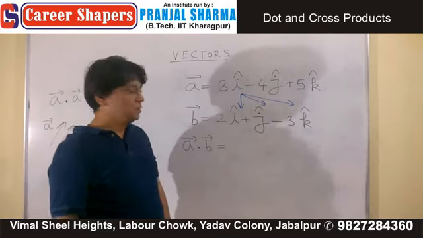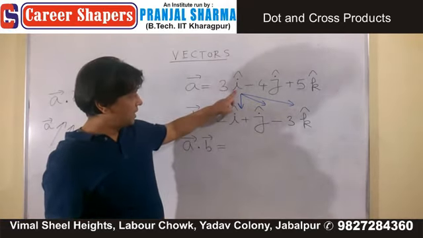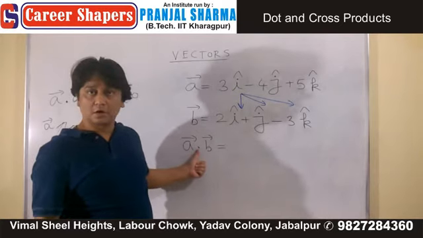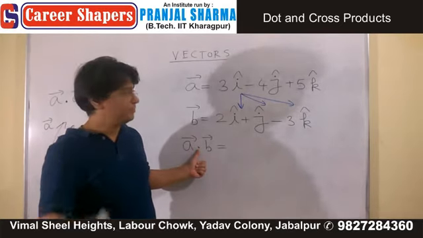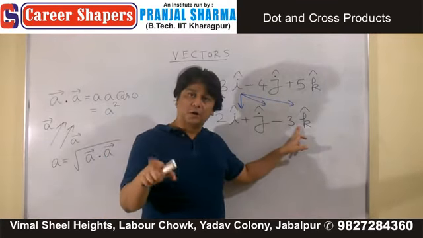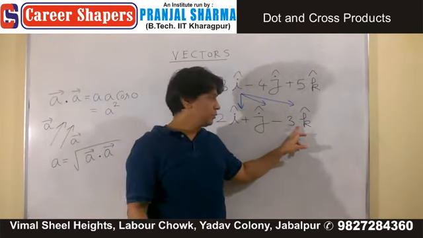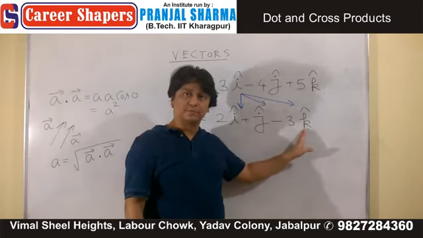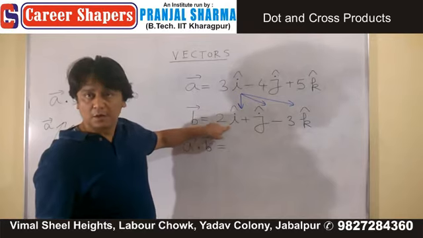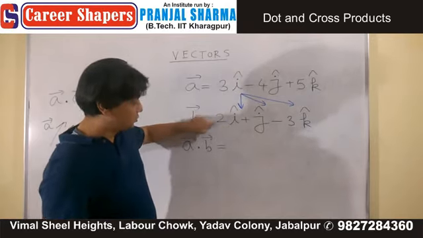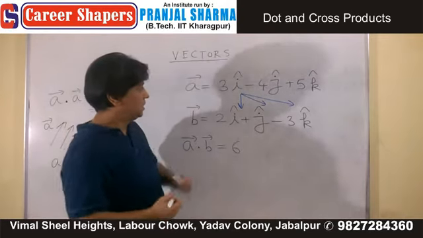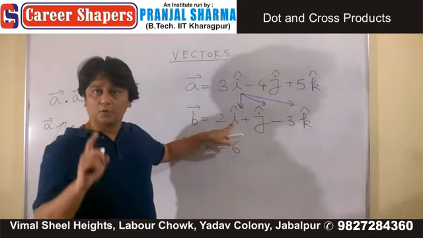But you already know that i j dot is 0, i k dot is 0. And therefore, you don't have to worry about these two. You will simply multiply i with i. What is that? 3 into 2, 6. What is i into i? 1.